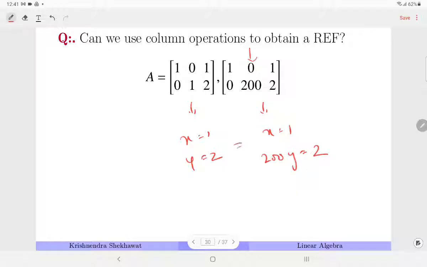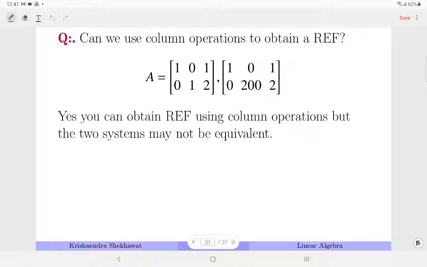So you can see that both the systems are not equivalent, and therefore column operations are not preferable. So again we have to use only those operations by which the systems remain equivalent, and we can reduce the given system into a more simplified form.